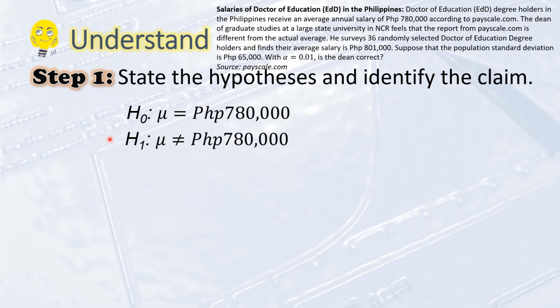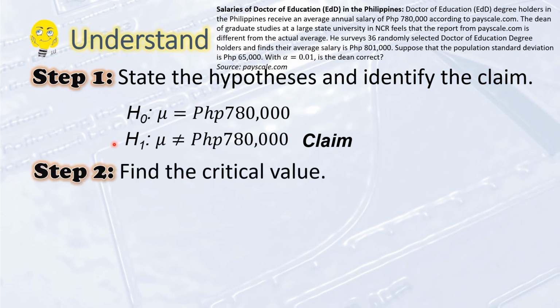So it says it's different from the actual average. Therefore, it is not particular whether it is lower or larger than the average. Hence, we use not equal to 780,000 pesos. And this is our claim, the alternative hypothesis.